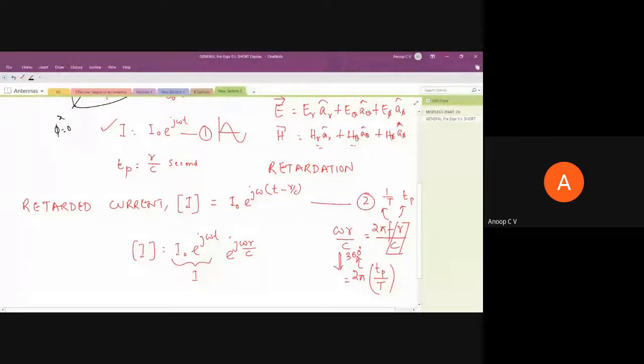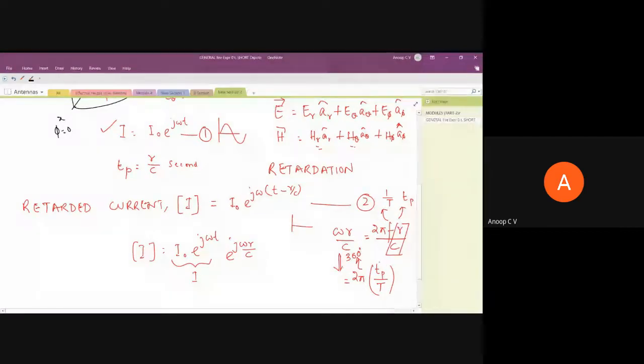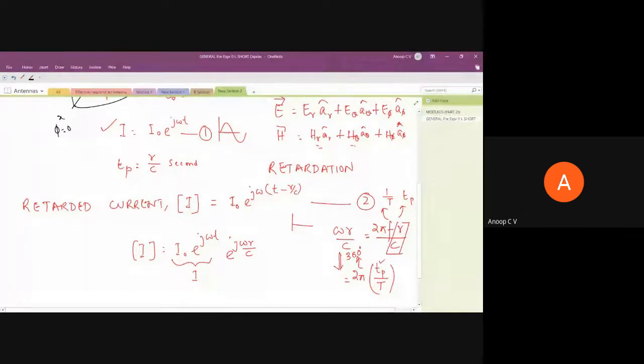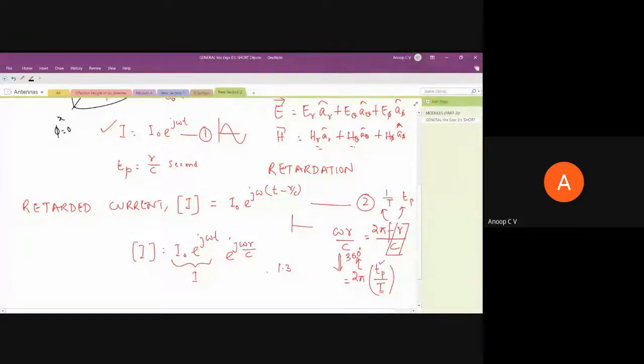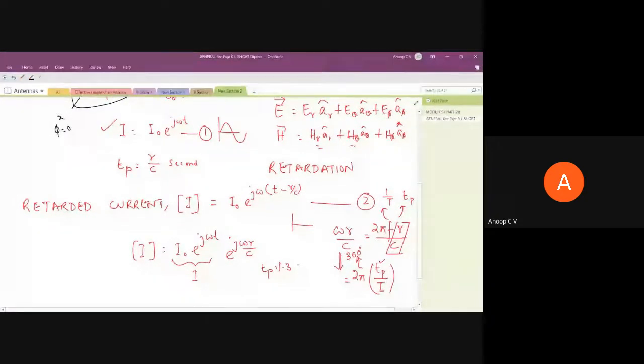What idea does it give? Capital T, the time period, is the time taken for a time harmonic to change its phase by 2 pi radian or 360 degree. Tp by T tells you how many such time periods are there in this propagation time. For instance, suppose Tp is equal to 1.3 T. What does that mean?